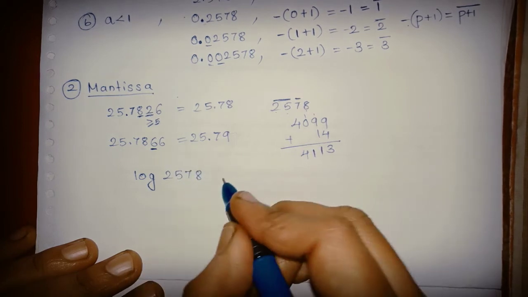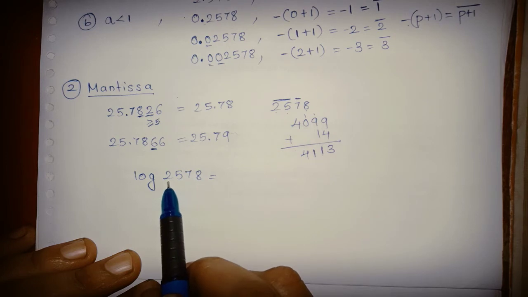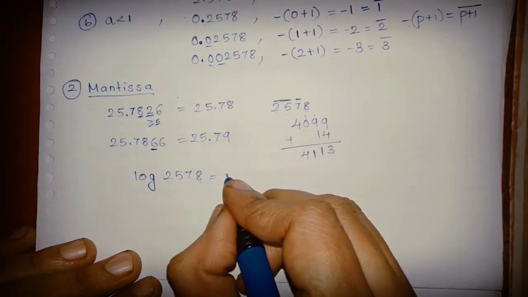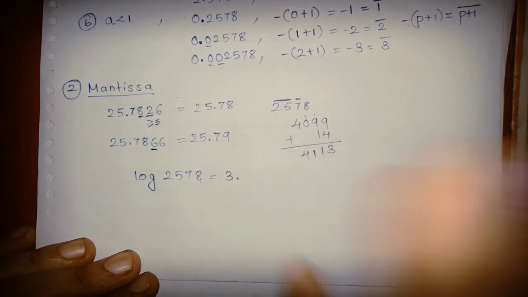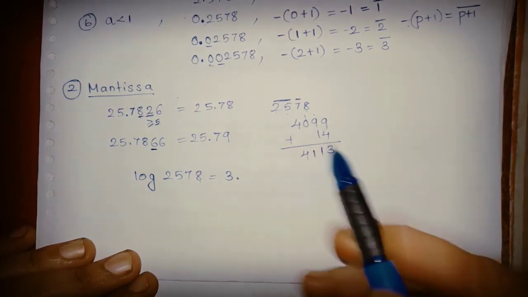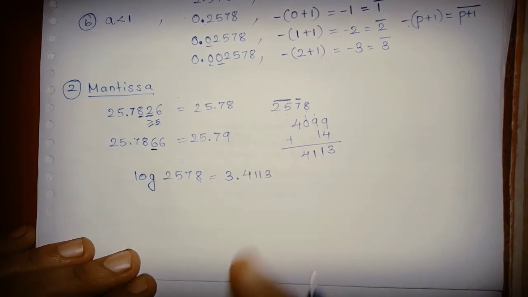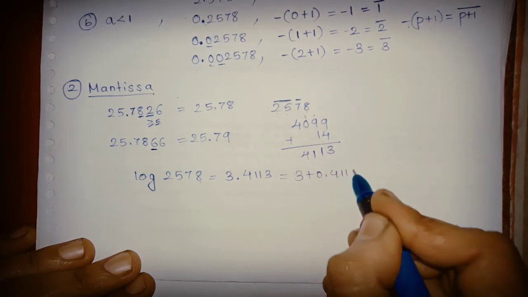Now I will write log of 2578. First you have to write the characteristic. Since there are no decimal points here, this whole thing becomes the integral part. So 4 digits are there, so 4 minus 1, 3, that is your characteristic. Then comes the mantissa, that is 4113, so that is 3 plus 0.4113.